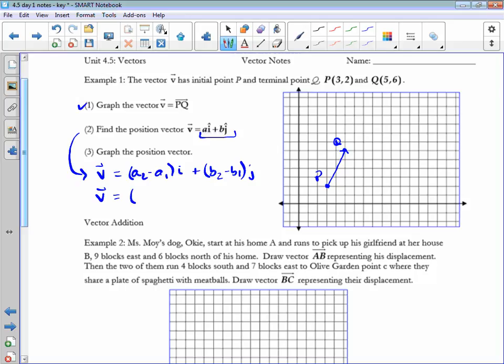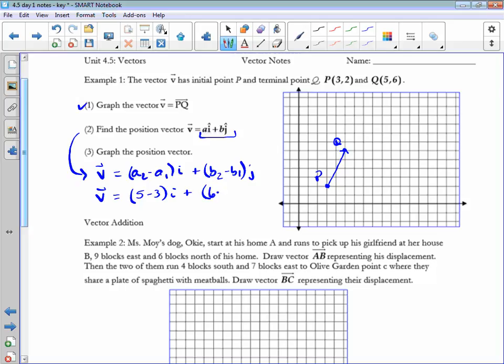So what were my x's? What's my, essentially my x2 and my x1? Okay, which one do you think is the second? 5, so you would do 5 minus 3. And what about the B represents the y's? What would those be?